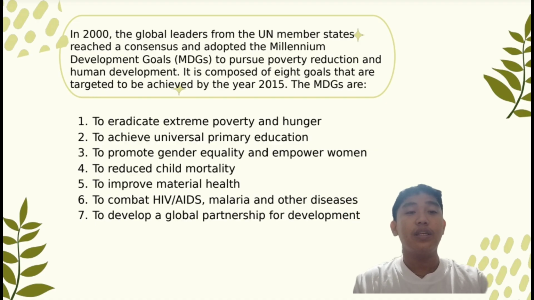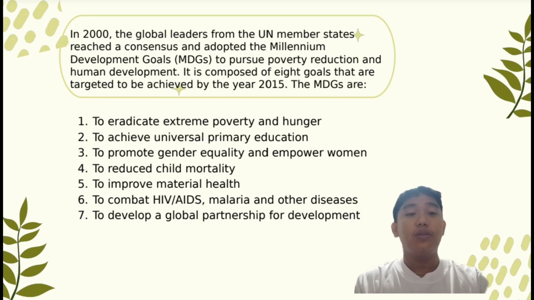So the first is to eradicate extreme poverty and hunger. Next is to achieve universal primary education. Next, to promote gender equality and empower women. Next, to reduce child mortality. And next is to improve maternal health.